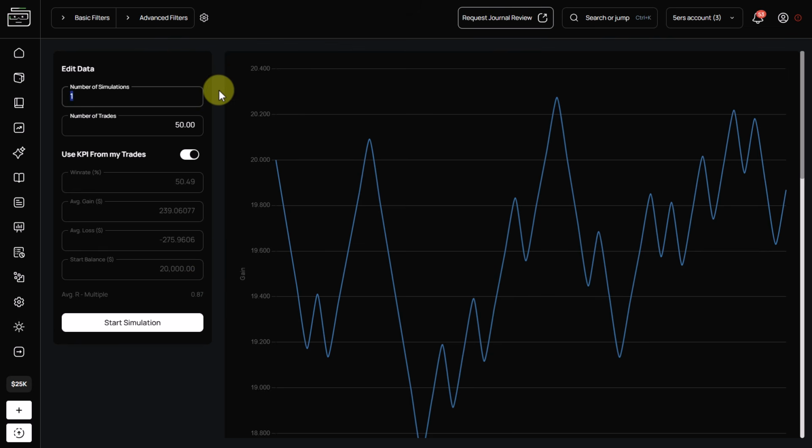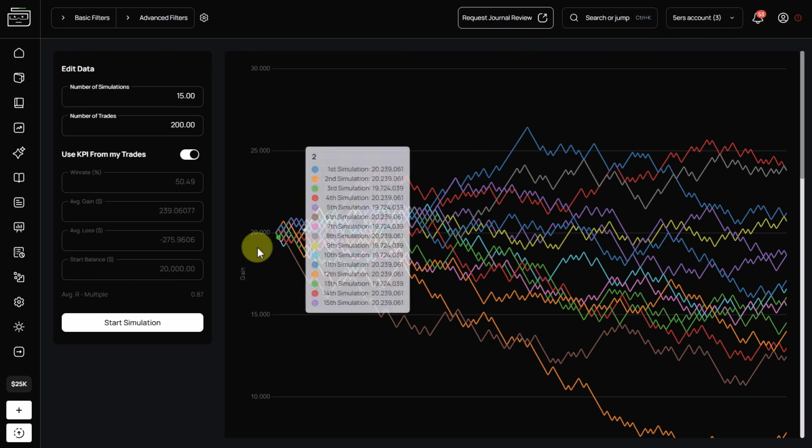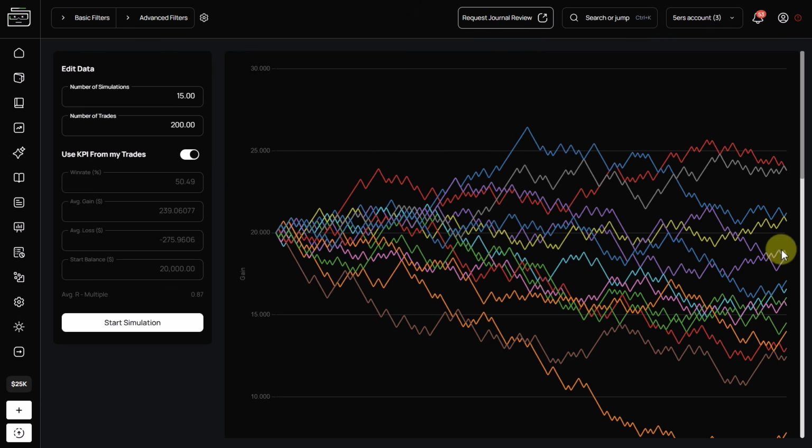What we can do is, let's say we want to simulate a few potential trading account developments. Let's say we want to see what happens after 200 trades and we want to look at, maybe, 15 simulations. So each different color here represents a certain account development, right? And we can see we're starting from 2000.